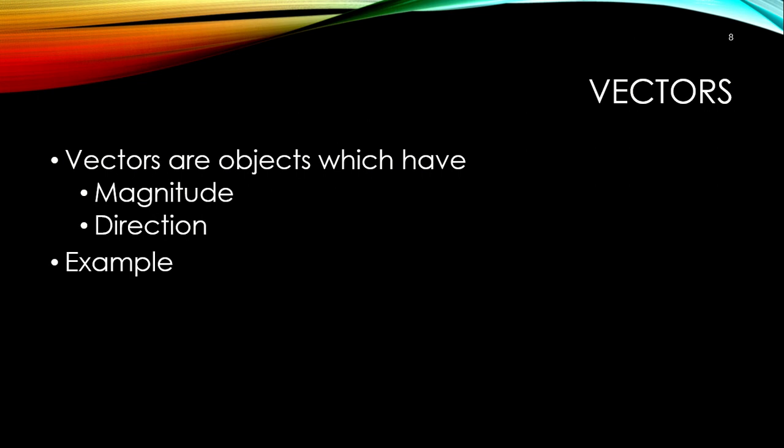For example, the very familiar example we have seen in our physics classes is force. Force has some magnitude as well as direction. And we normally represent it like this, with an arrow over the letter F. This arrow always says that this quantity has a direction value also.